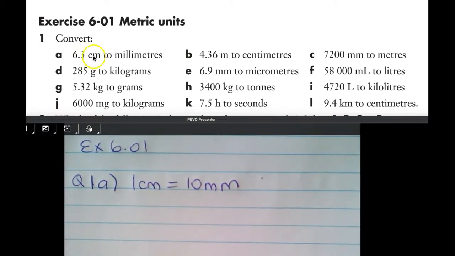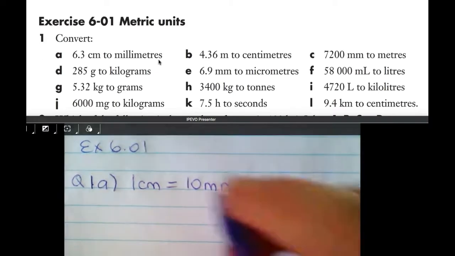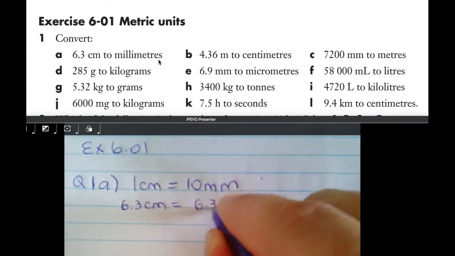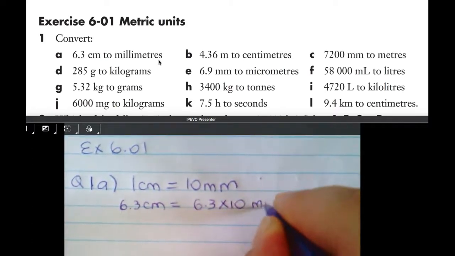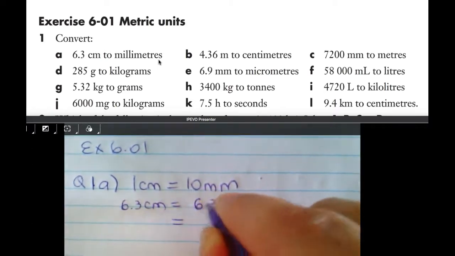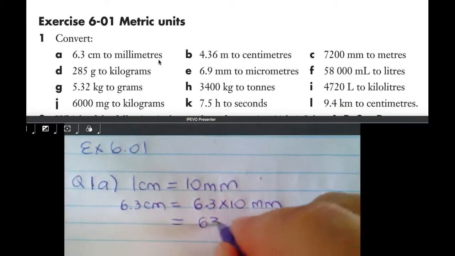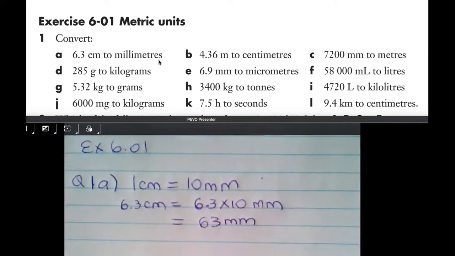The only way you're going to get more is if you times by 10, not if you divide by 10. So with this one, therefore, 6.3 centimetres will be 6.3 times 10 millimetres, which is what? Move the decimal point 1 place to the right, 63 millimetres.